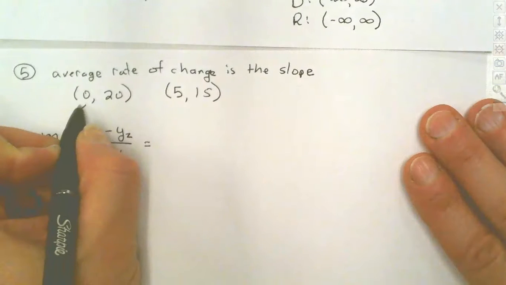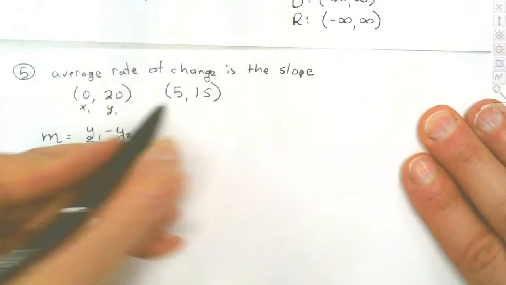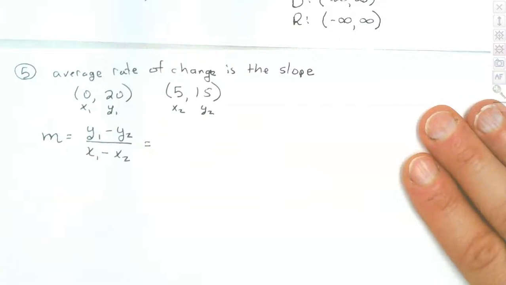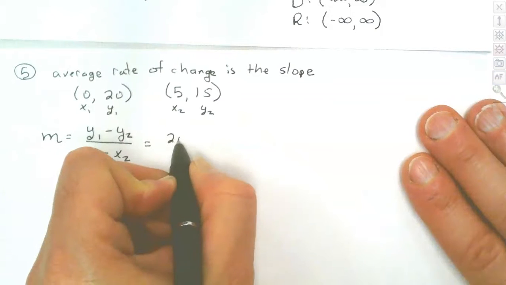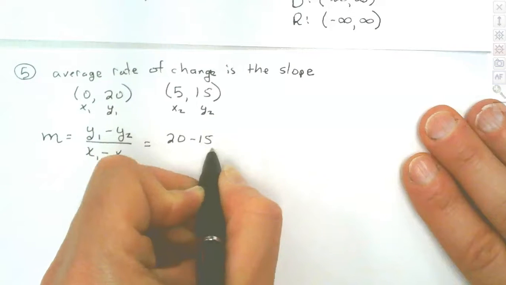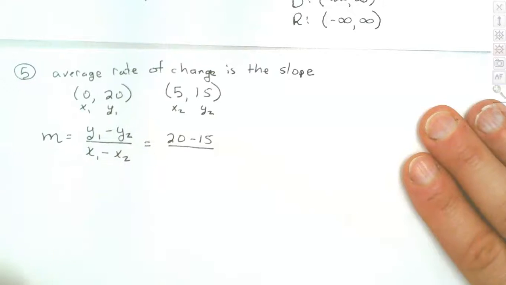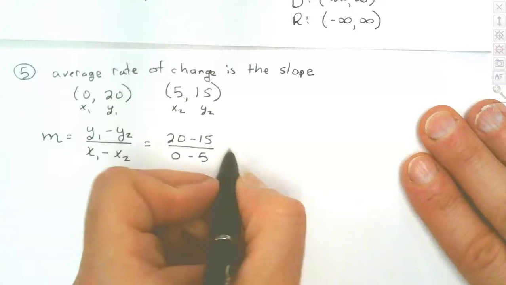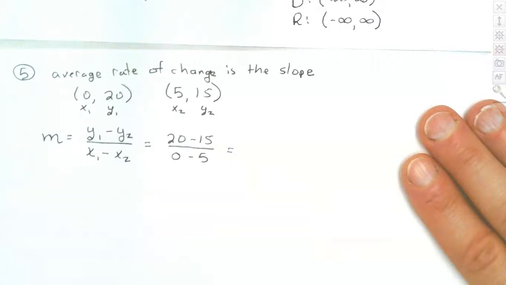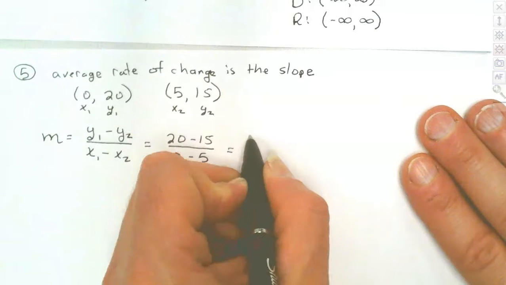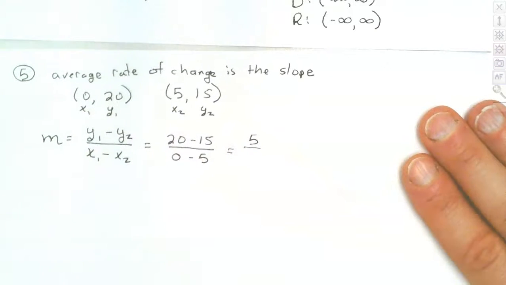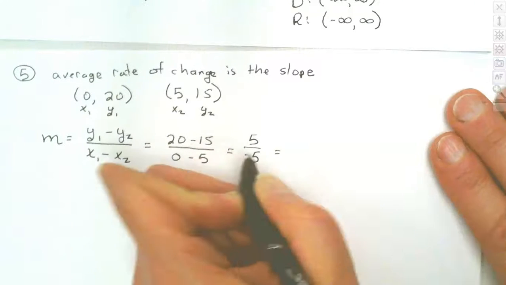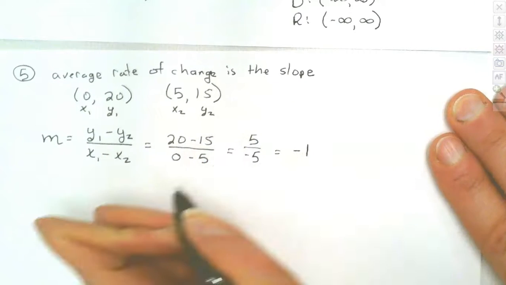Label your ordered pairs x1, y1, x2, y2. So plugging them in, we get 20 minus 15 over 0 minus 5. And 20 minus 15 is a 5. 0 minus 5 is a minus 5. So that means we have a negative 1.